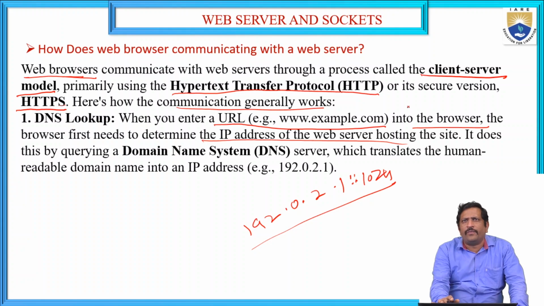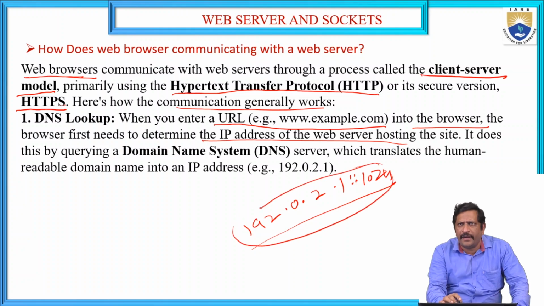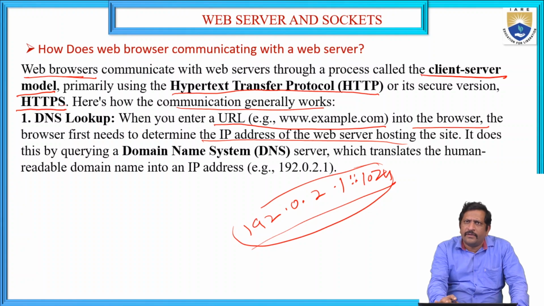Here is the binding. Once you create the socket at the server side or client side, this IP address and the port number can be bound. After binding the IP address and the port number, only then will the server accept connection establishment.